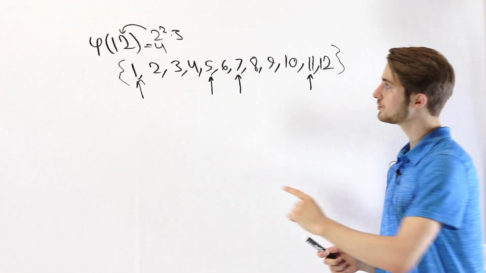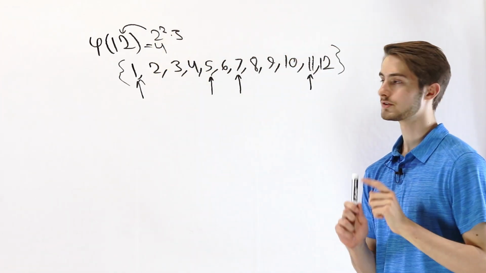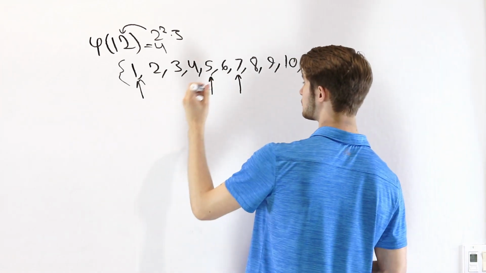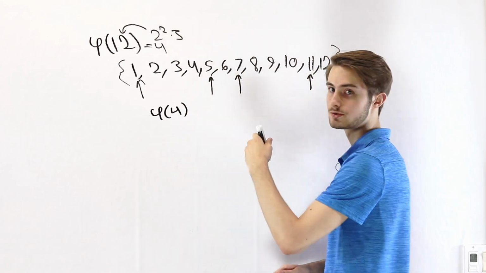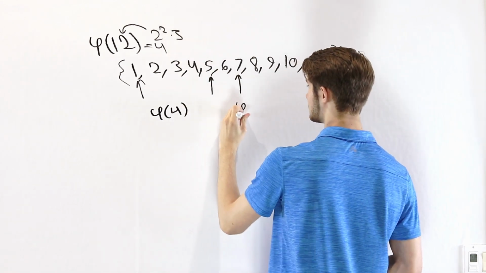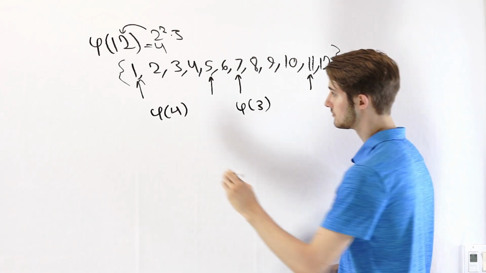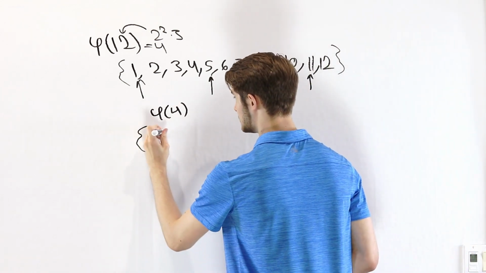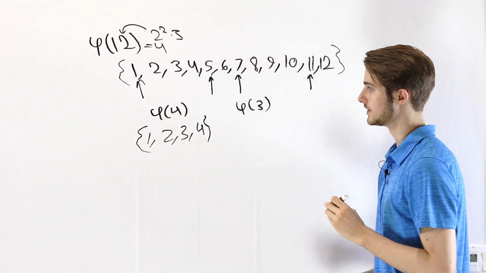Now, we said that 12 is equal to 2 squared times 3. So I have another question, which is what is phi of 4, which is 2 squared, and what is phi of 3? Well, we know that phi of 4 is going to be all the integers in 1, 2, 3, 4, coprime to 4.